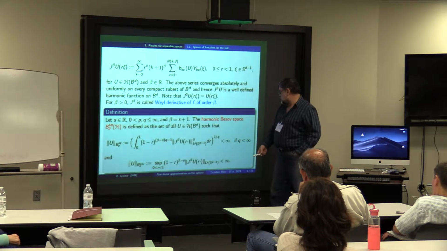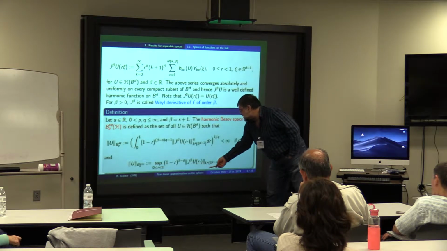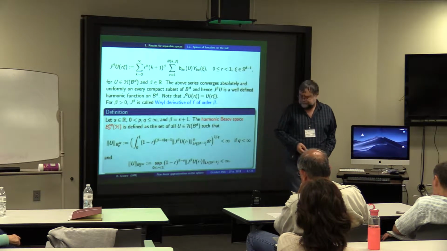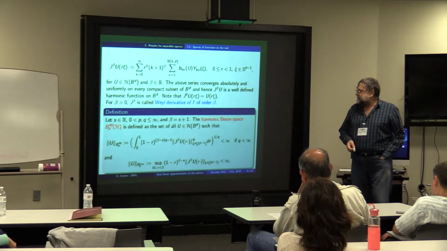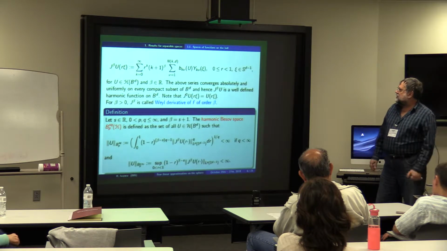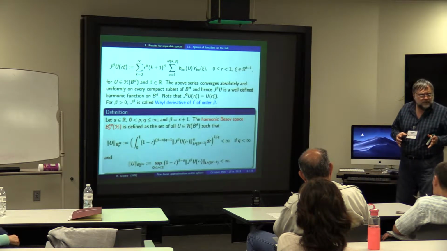Whenever q is equal to infinity, we have simply the supremum here, which is the B S infinity P space. Now, these are Bessel spaces. They are defined from the behavior of the harmonic function inside the unit ball.